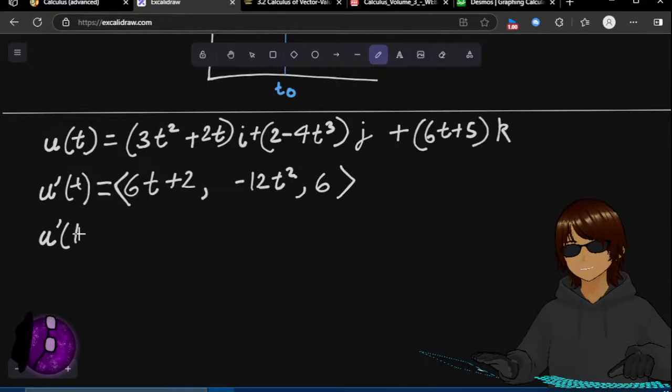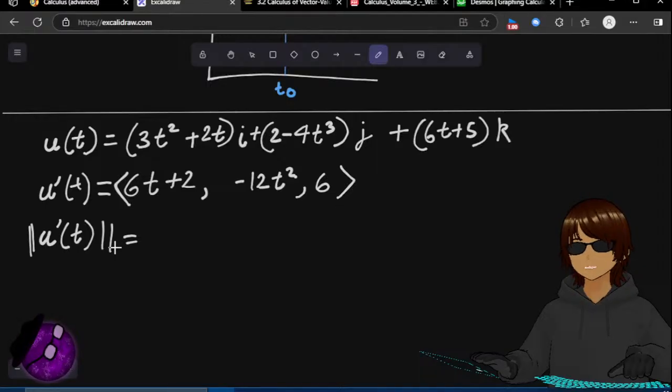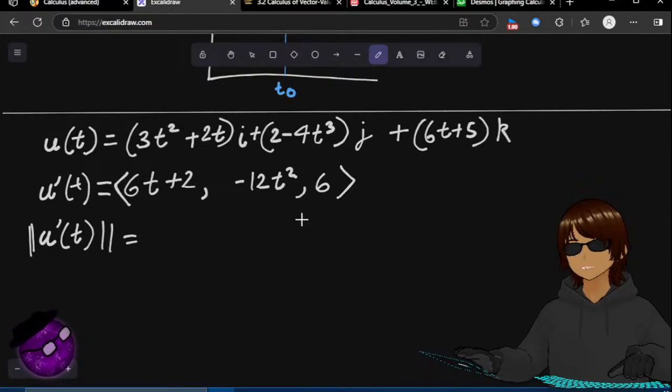And then the length of this vector is, you take the square of all of them.